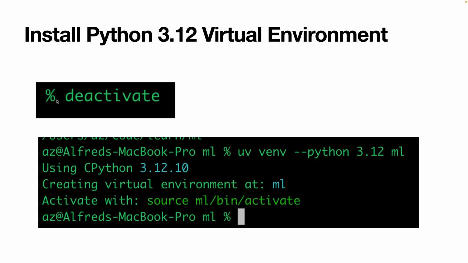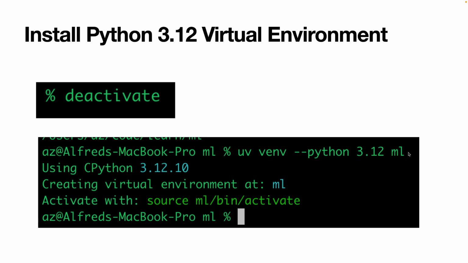What I did was first deactivate my current virtual environment, and then use this command: uv venv --python, and give a target version. So I want 3.12, and ml is the virtual environment name, and this is optional.